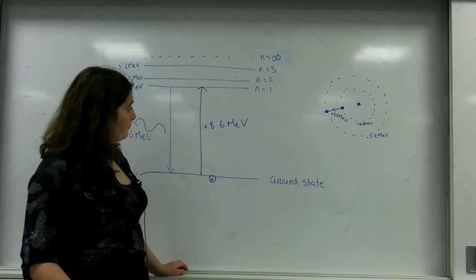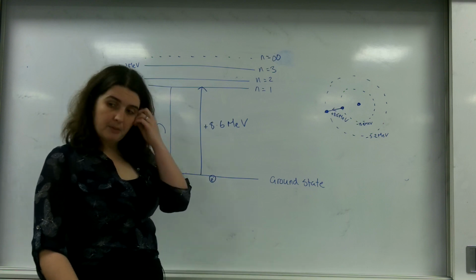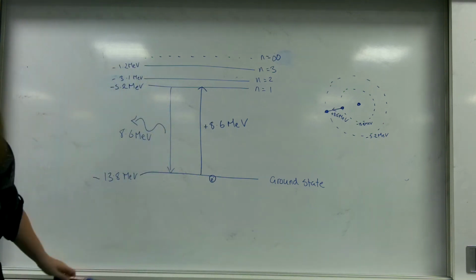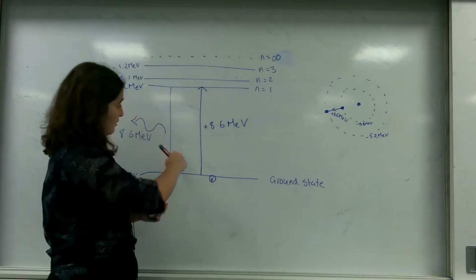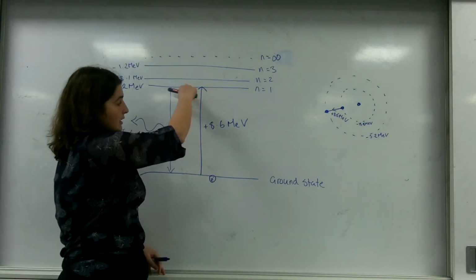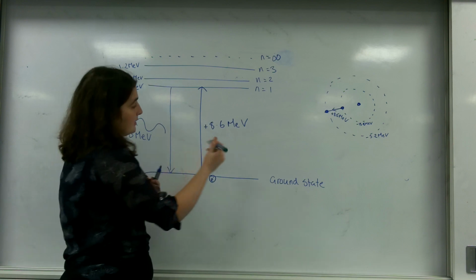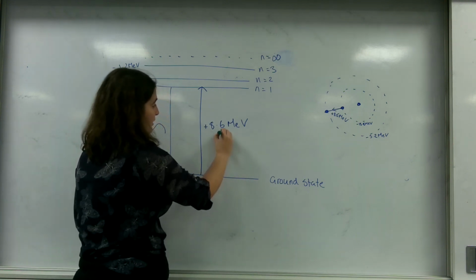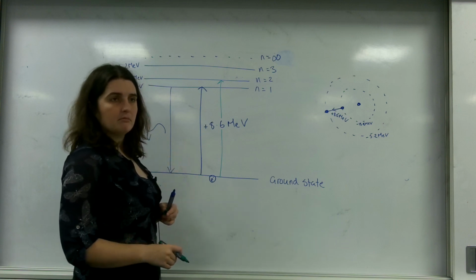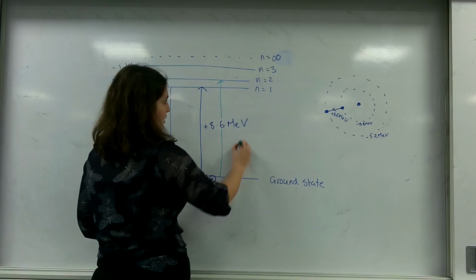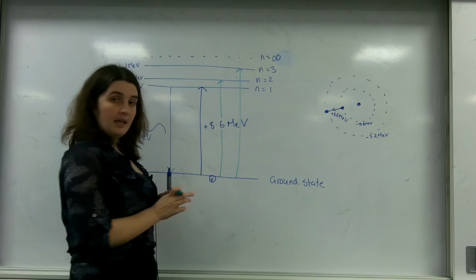Now, on these kinds of diagrams, sometimes you are asked how many different photons could be released. Well, we could go from here to here, and it will come back down, that's 1. I could go from here to n equals 2, and back down again. That's 2. That's 3.